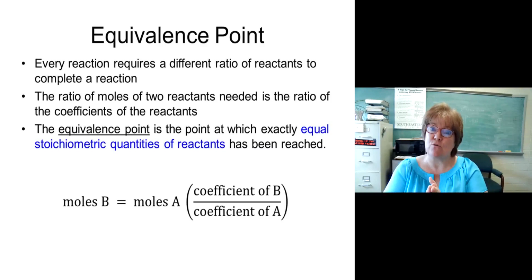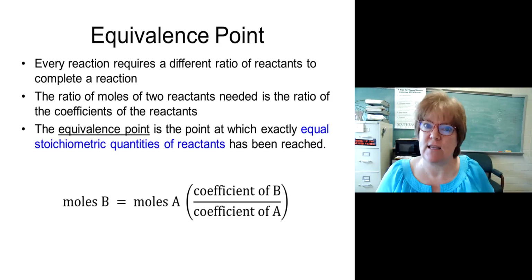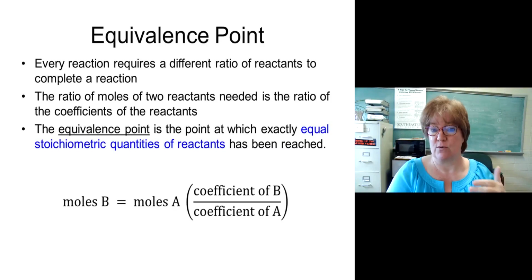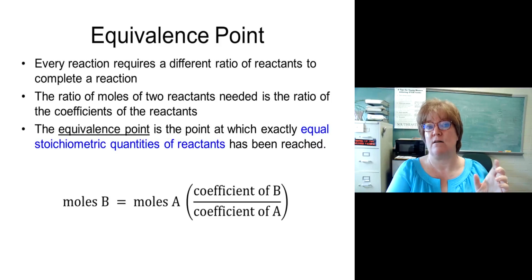So if I have reached that equivalence point, then I can do calculations to figure out one from the other. If I know one of the moles, I can multiply it by the coefficient ratios and figure out the other moles. That's the whole goal of what we're trying to do in titration. So it's a theoretical construct where I have equal stoichiometric quantities of 2 reactants.